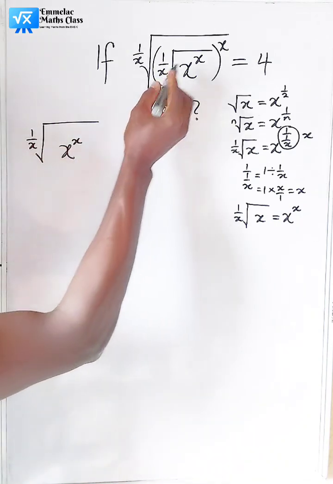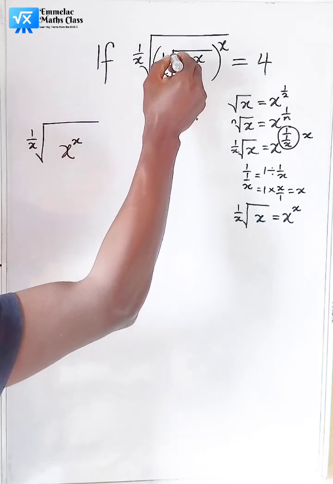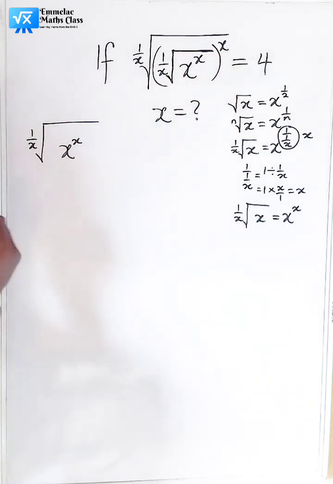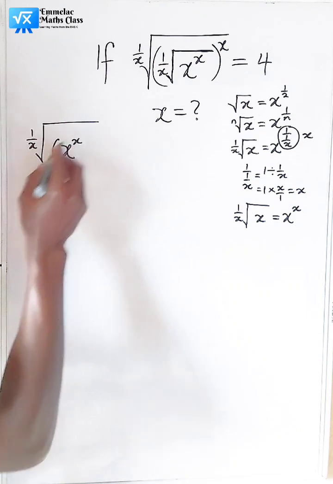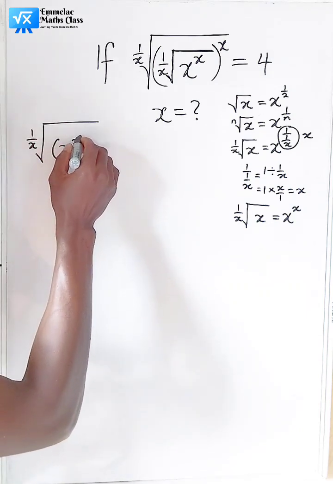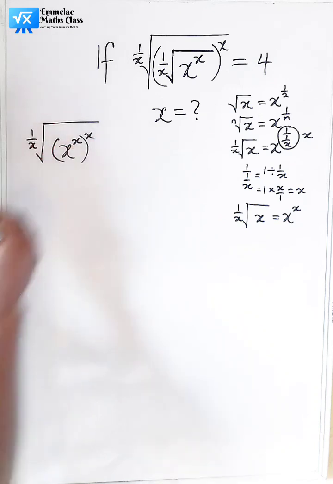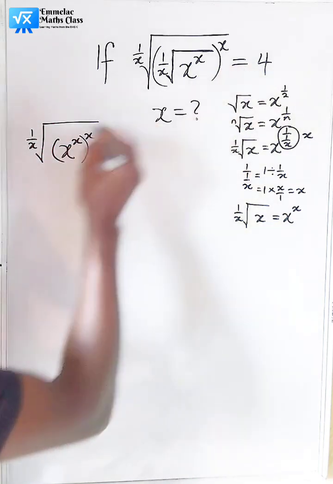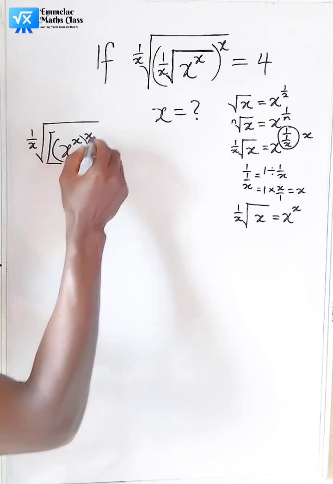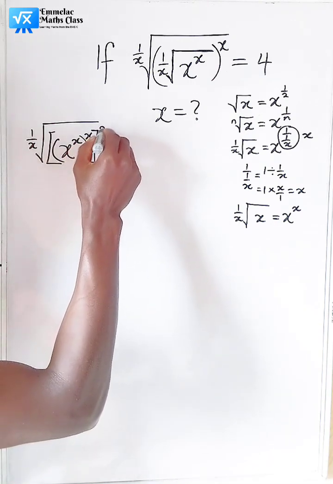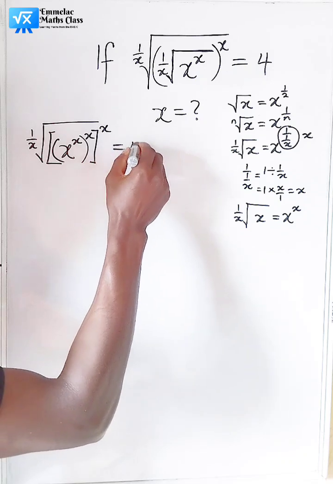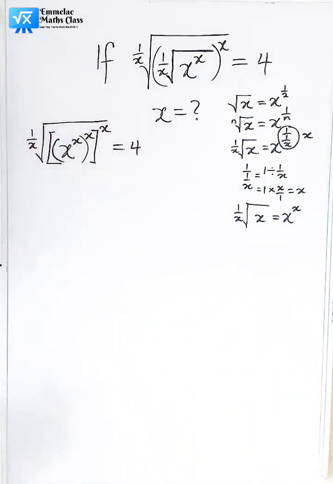Now this particular root, which is the (1 over x)th root, will become raised to the power of x, then equals 4. All right, so now let us move to the next phase.